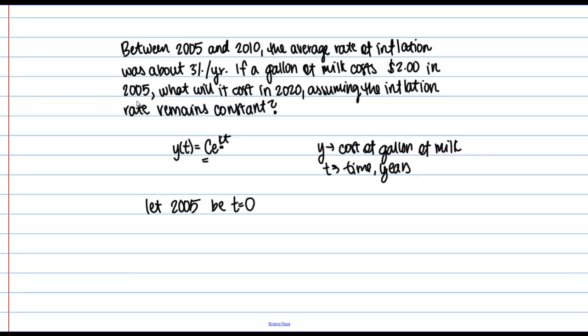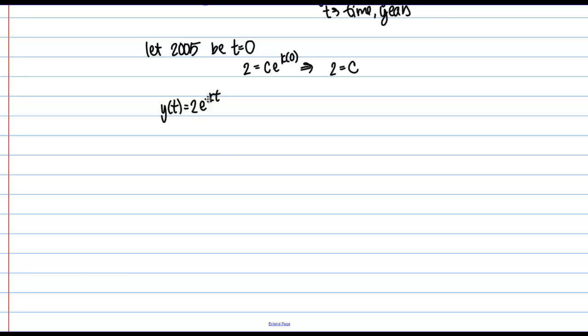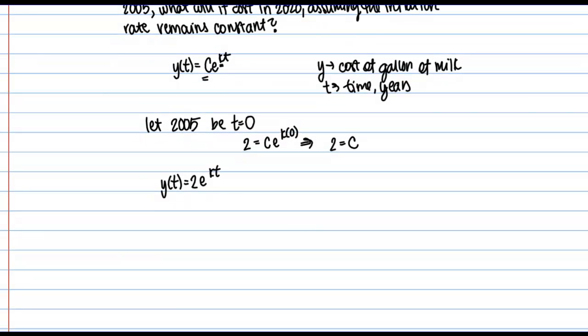So then we know that cost is $2 when time equals 0. So I can set up this equation here, plug in 0 for time, and then I can solve for C. So I end up, if I solve this, with 2 equals C, right? Because e to the 0 is just 1. So then I know that y of t equals 2 times e to the kt.